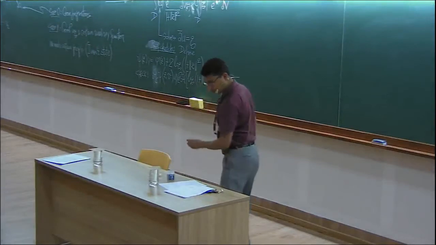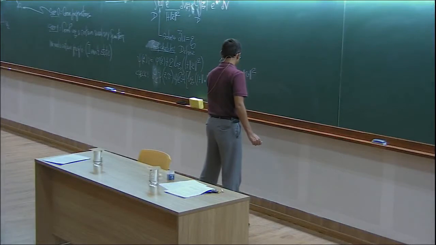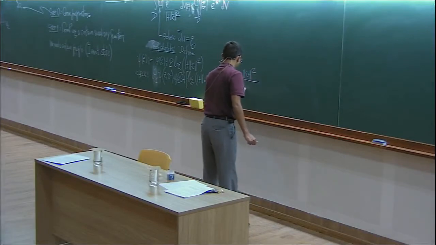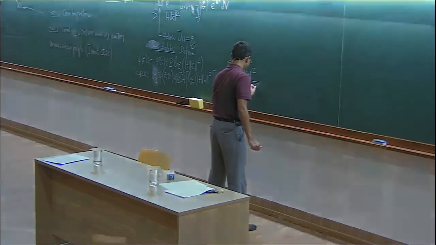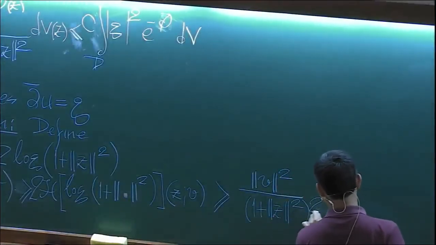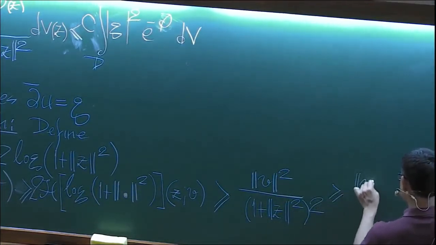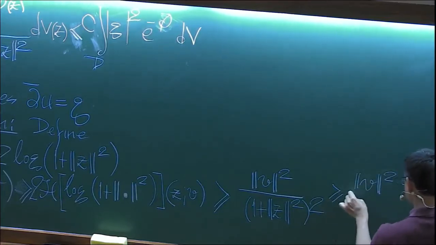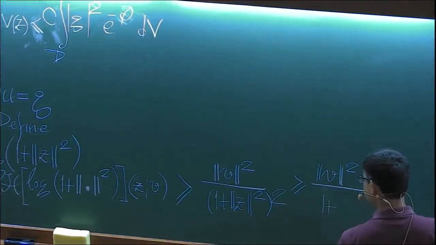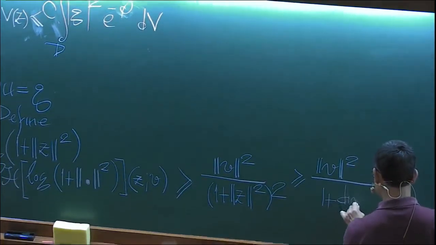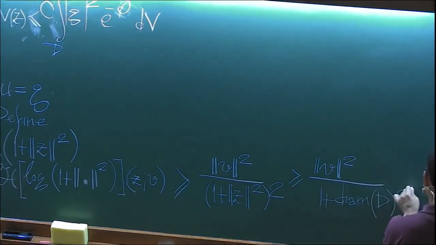It turns out to be the Euclidean norm of v squared divided by (1 + |z|^2). And this is less than or equal to the norm of v squared times (1 + the diameter of D squared).